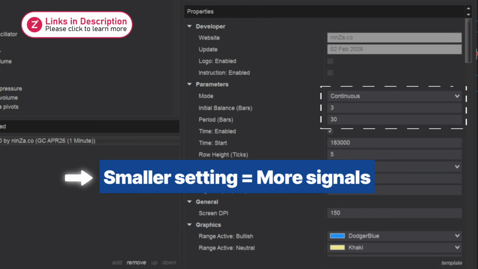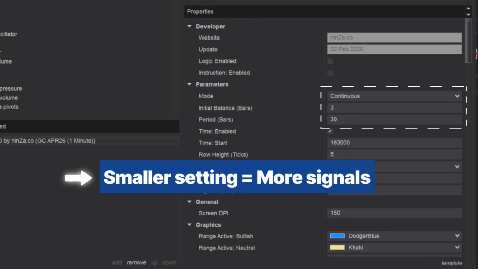On the other hand, the smaller these parameters are, the more signals you get.